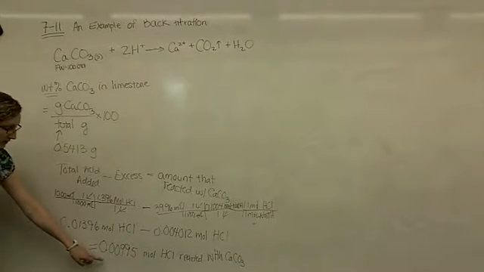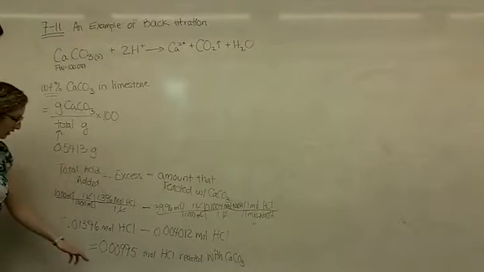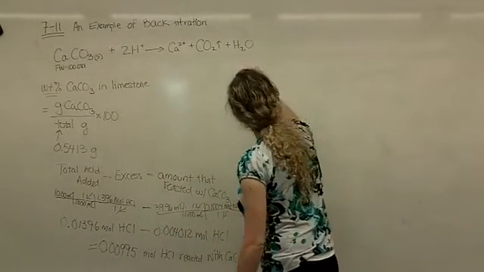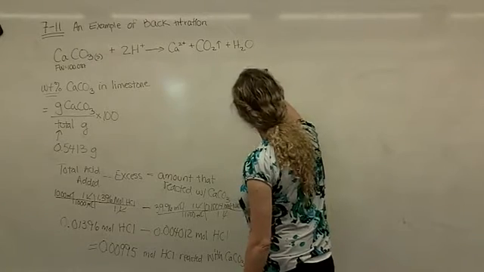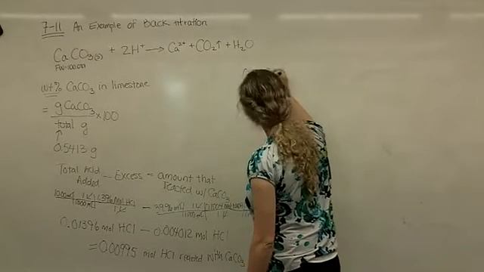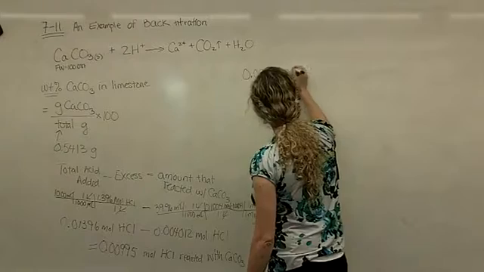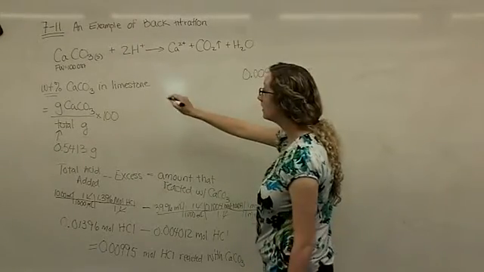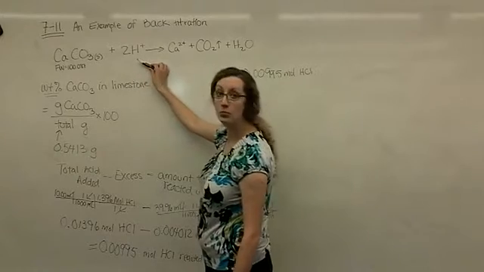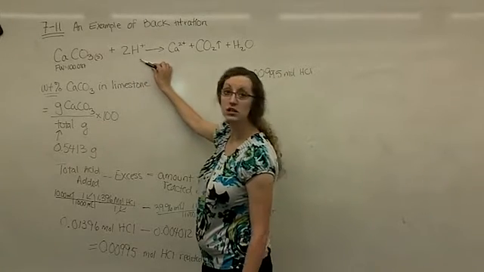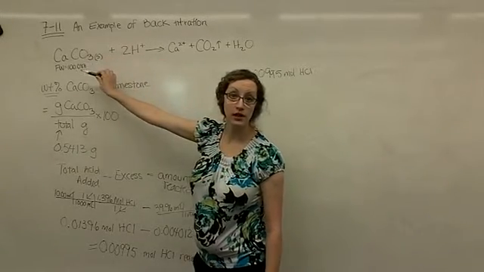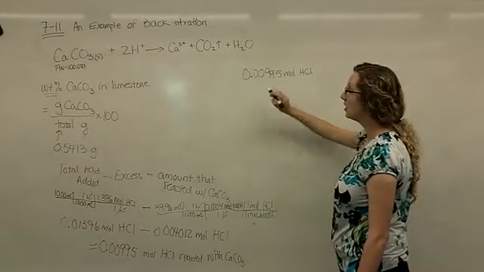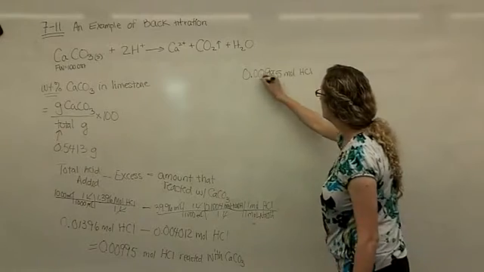So now let's get this to moles and then to grams. We know that for every 2 moles of hydrochloric acid, or H+, there is 1 mole of calcium carbonate.